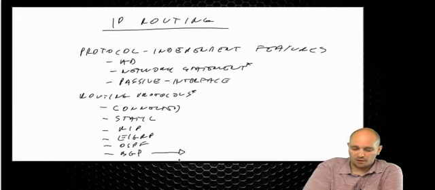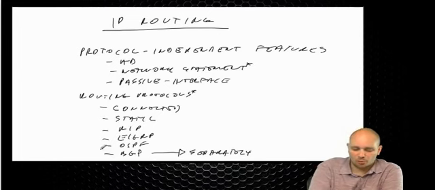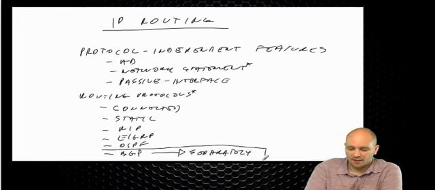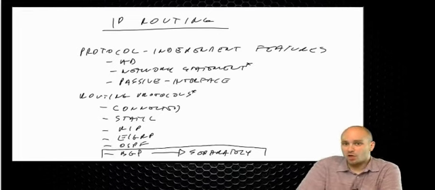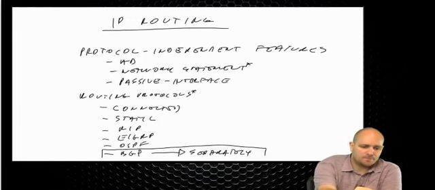Even though I like to talk about BGP separately from the others, because it is kind of a special world in its own, and I like to actually think of BGP as not being actually a routing protocol. I like to think of it more of a policy implementation protocol. So let's start this over.